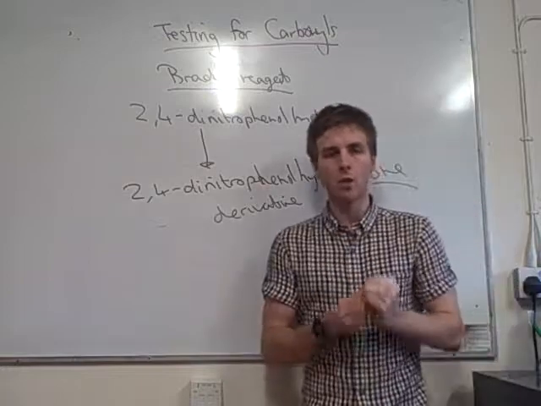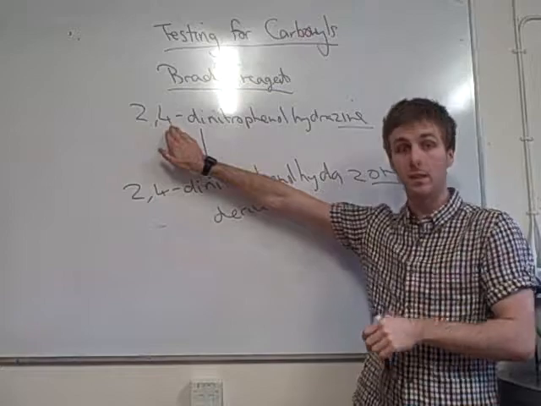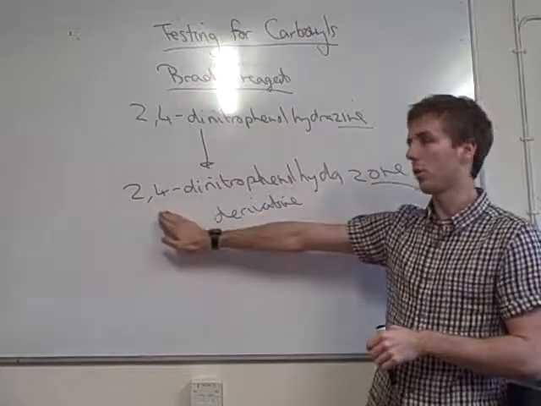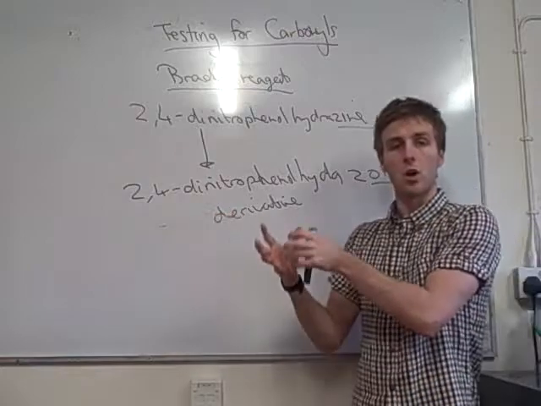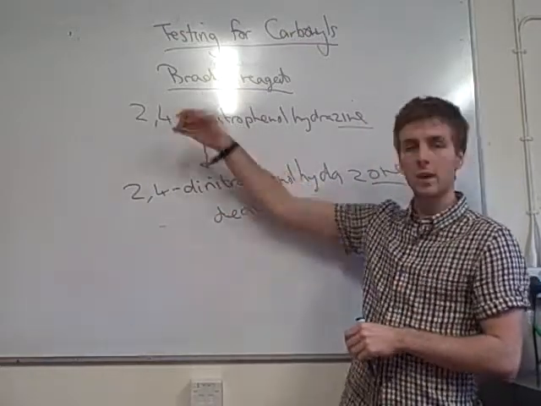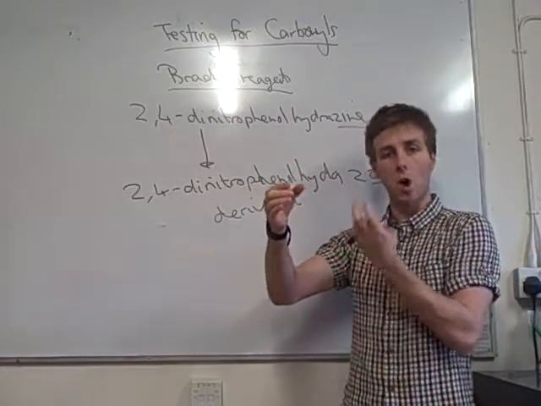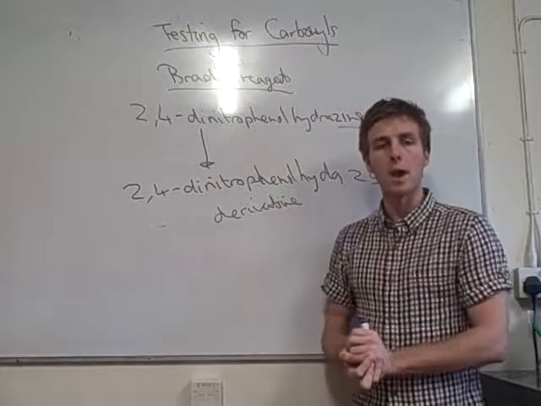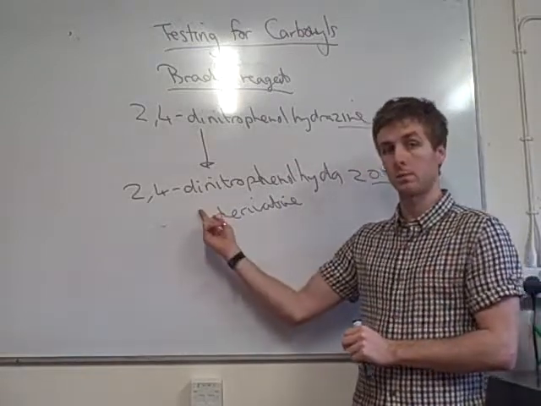So an aldehyde or a ketone will react with your 2,4-dinitrophenylhydrazine to make a 2,4-dinitrophenylhydrazone derivative. And this is an orange precipitate. So what we do is we add our Brady's reagent to our mysterious chemical, and if we get an orange precipitate, we know it must be a carbonyl, because only carbonyls react to make this.